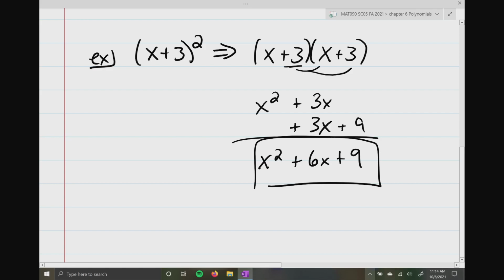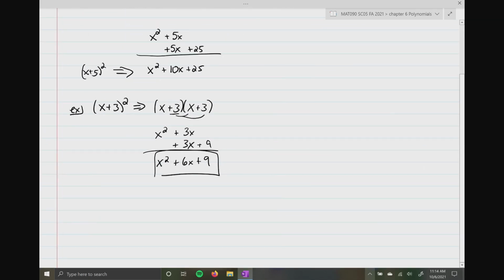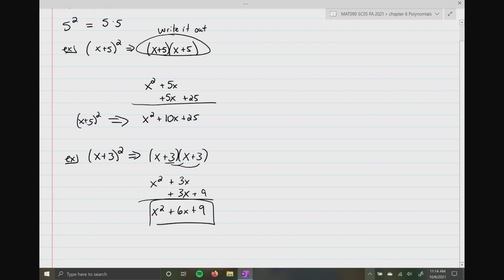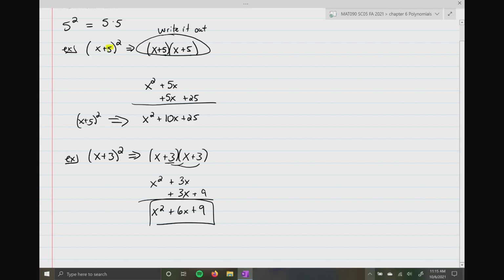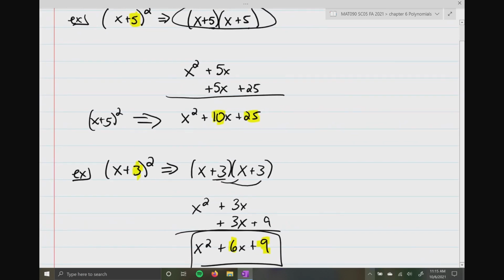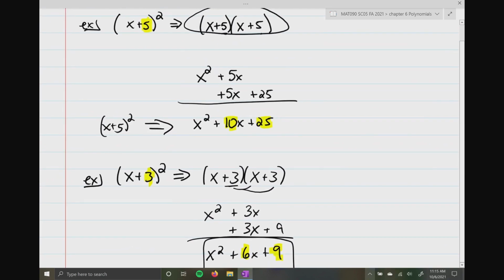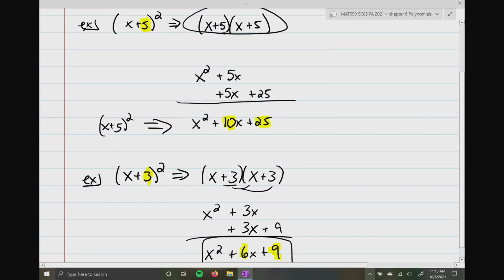Okay? Now, what makes this really special, and I'm going to zoom out so we can see both problems here. What makes this really special is right here. If you look at both situations here, if you look at that 5, ask yourself a question.